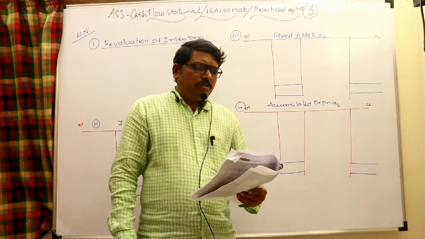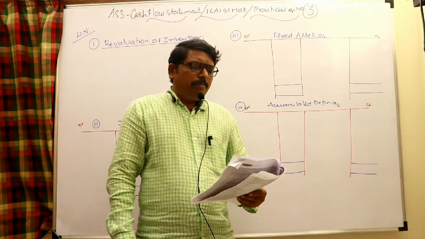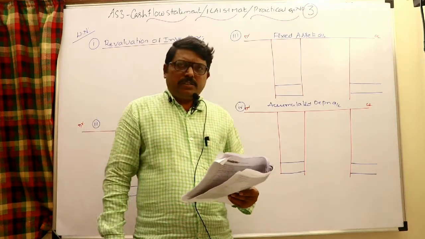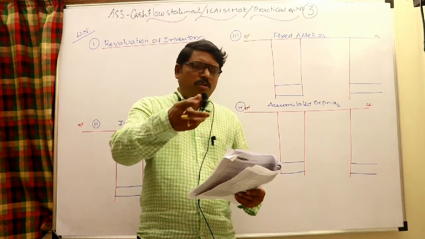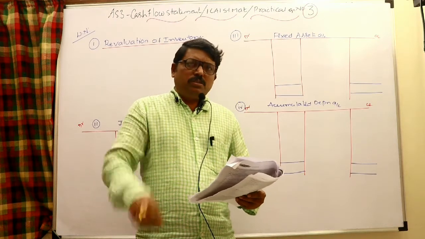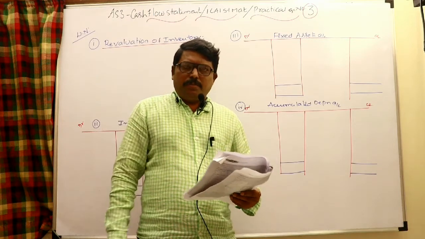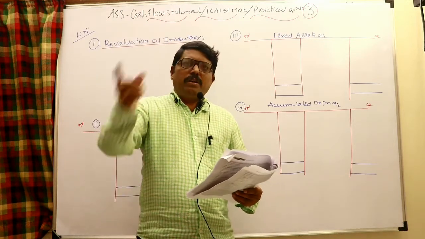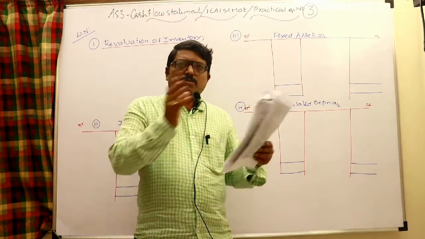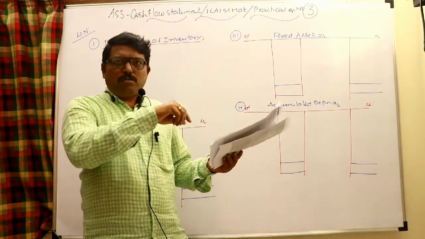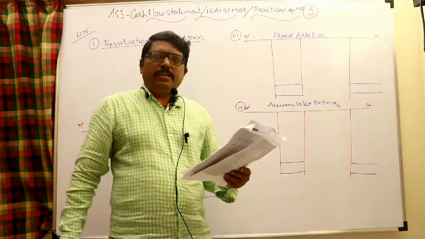Right now the company decided to bring it to cost price, even in opening inventory, which means stock will be increased. Opening stock should be increased by 10%. Moreover, whenever stock is increased, compared to the last year, for the previous year it would be the closing stock, and profit also will be increased by that much.